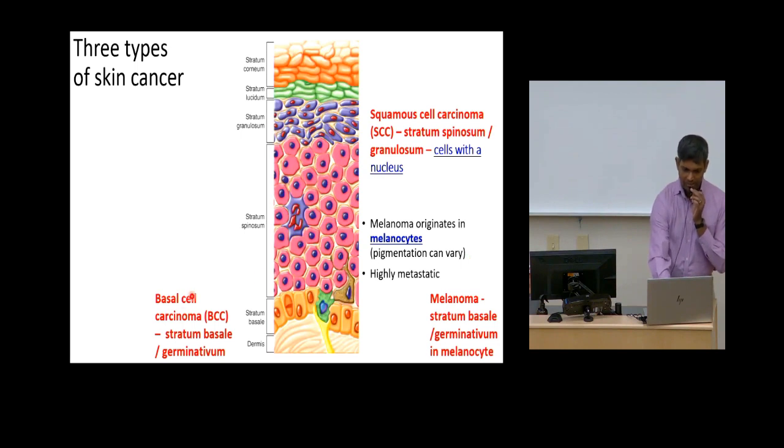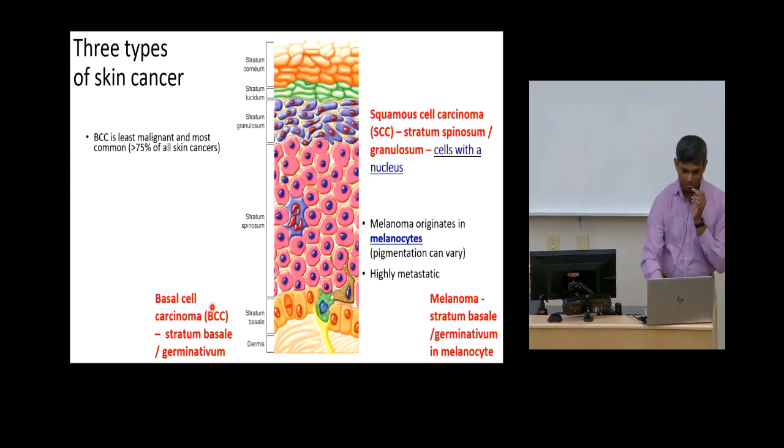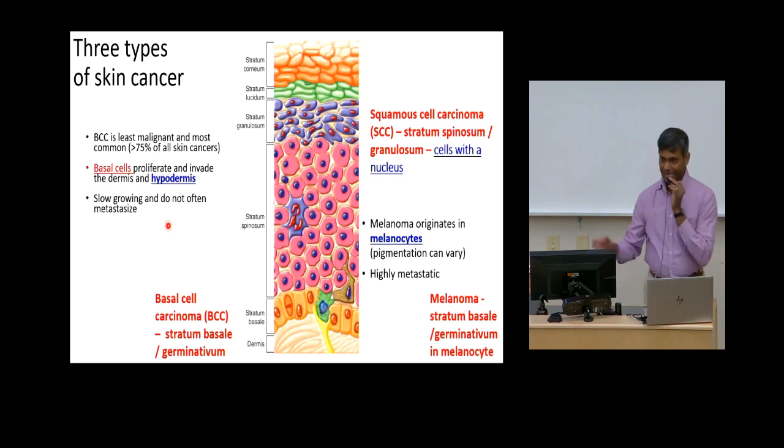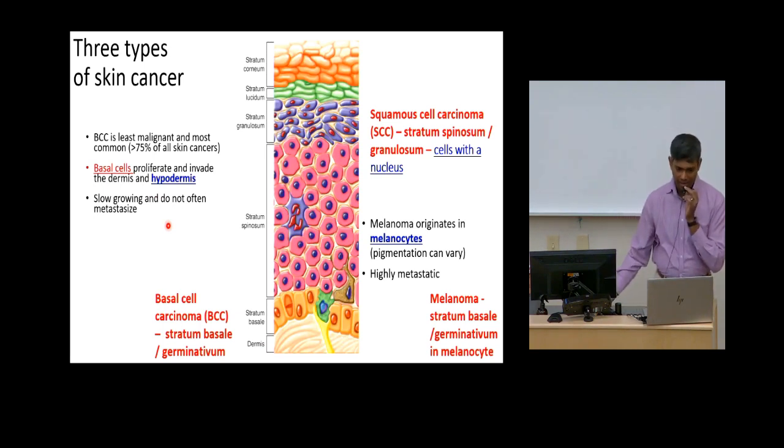On the other hand, the basal cell carcinoma, it is the most common, but it is also the least metastatic, right? And this is a very slow growing cancer, and we find that the cells, when they proliferate, are going to invade down into the hypodermis, into the lower layers.